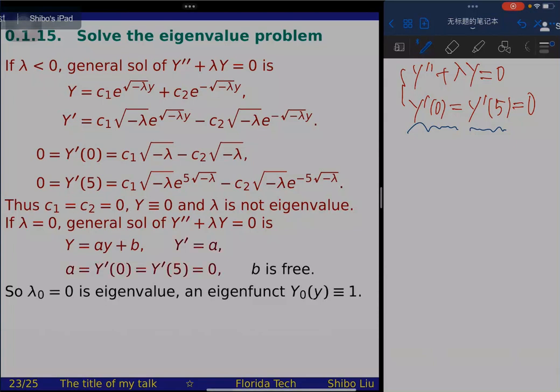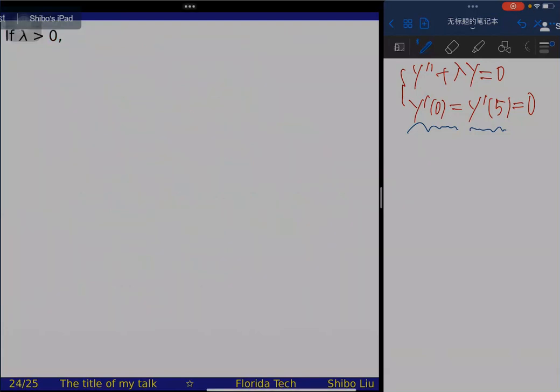So from this we know that when lambda is 0, the eigenvalue problem has nonzero solutions. Any nonzero constant is a nonzero solution of the eigenvalue problem. So 0 is an eigenvalue, denoted by lambda 0, and for the corresponding eigenfunction, we can take the constant function 1.